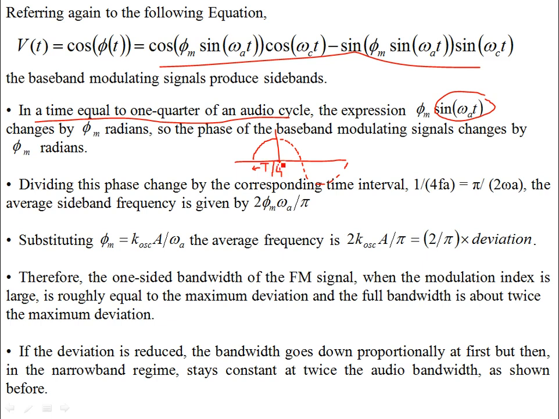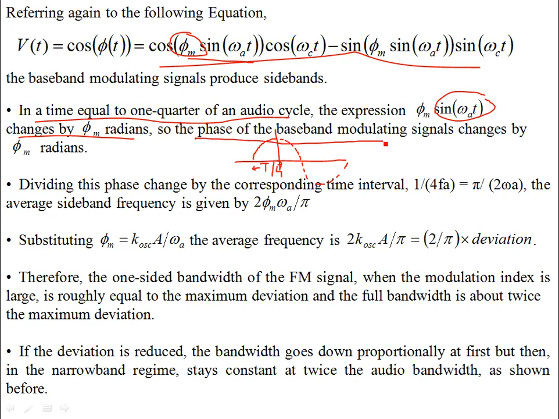In 1/4 of the cycle, the phase difference that is produced is phi m. Why? Because after 1/4 cycle, sine goes to the maximum of its value, 1. So the change is phi m radians.